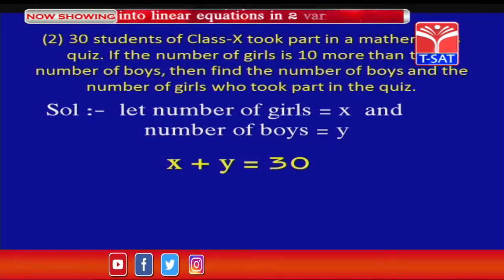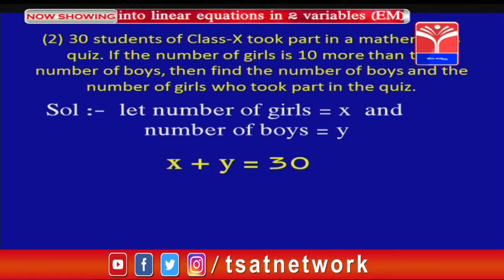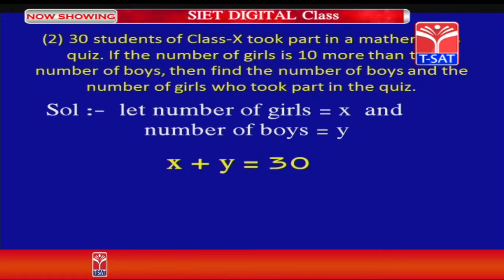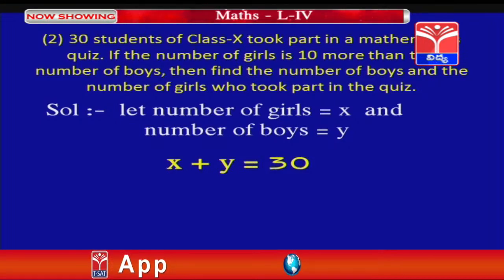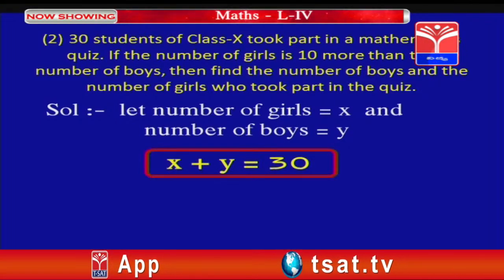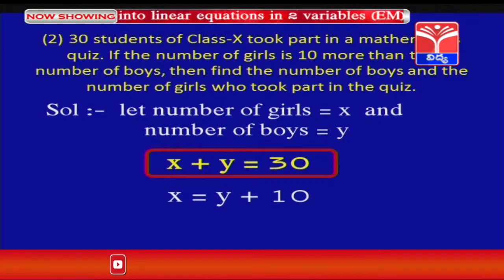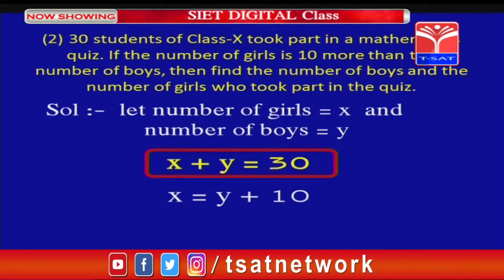First one is total boys and girls is 30. Therefore, the first equation is x plus y is equal to 30. In the second case, the relation between boys and girls. So, what is given? Number of girls is 10 more than the number of boys.